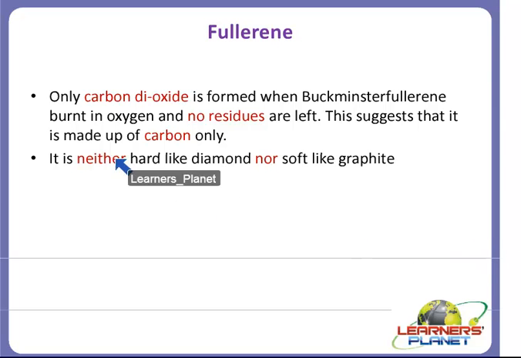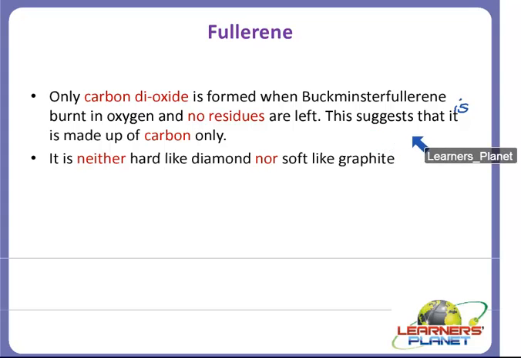So when Buckminster Fullerene is burnt in oxygen, only carbon dioxide is formed, right? And no residues are left. So, is there any residue left when Buckminster Fullerene is burnt? No. Only carbon dioxide is formed.